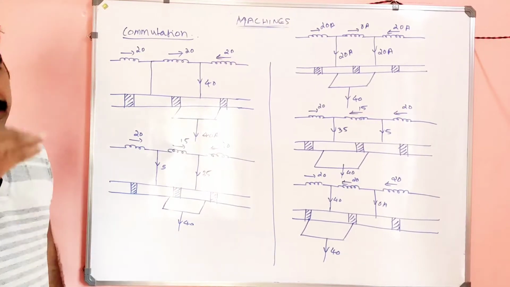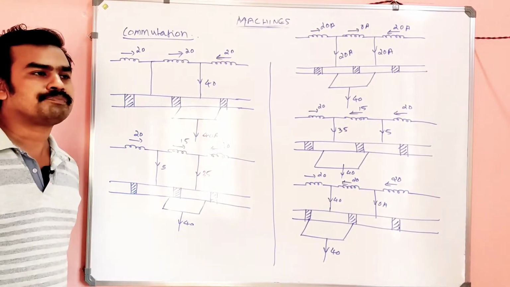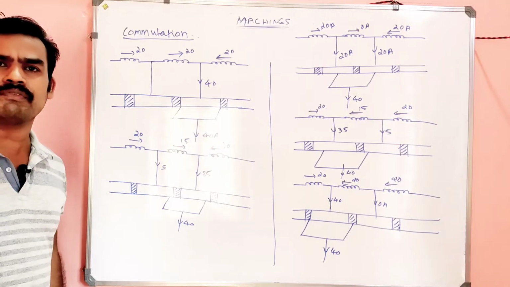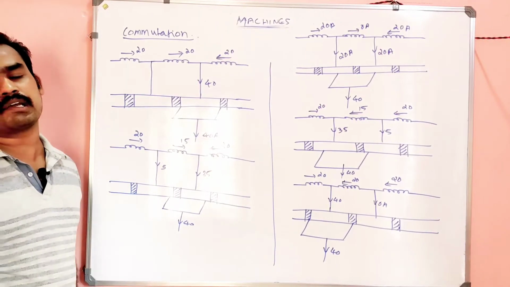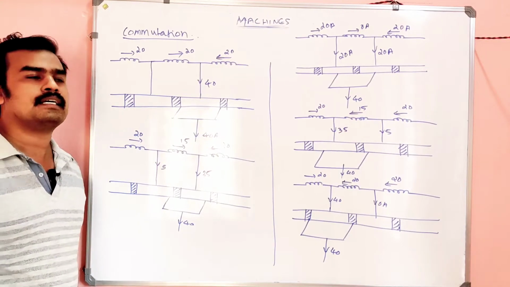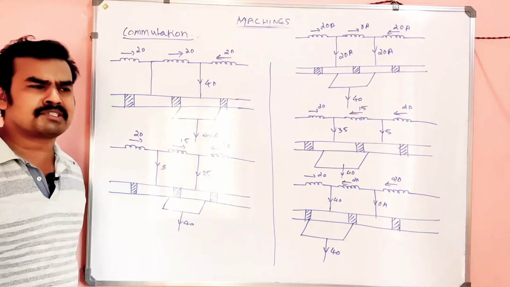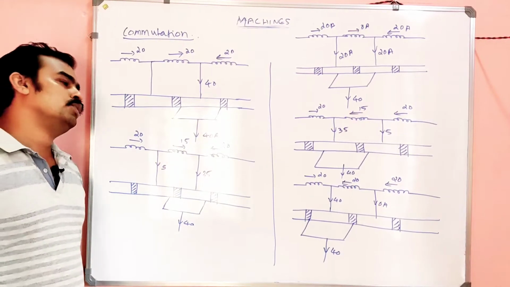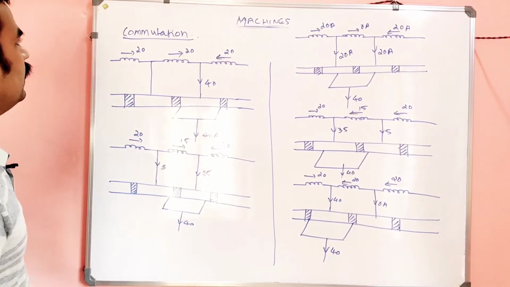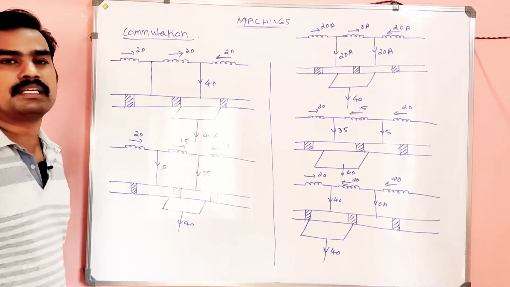The reason is the unequal distribution of flux, or unequal flux density across the pole faces, so the flux lines will be distorted, so the EMF will be distorted and reduced. Today we are going to discuss another topic, which is commutation.